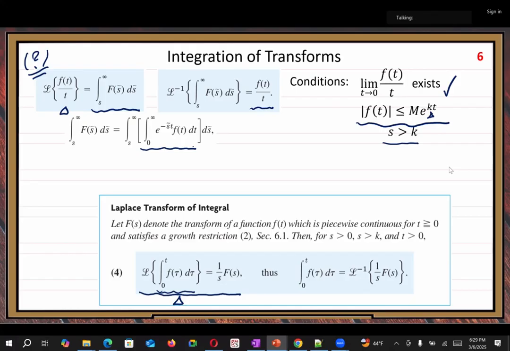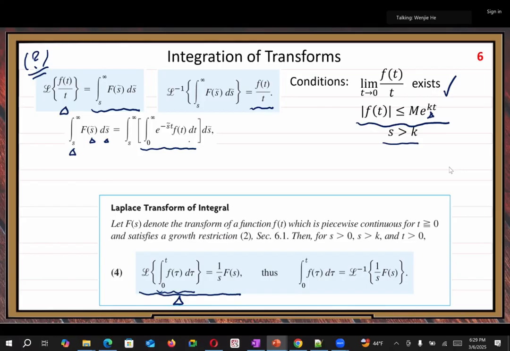Inside, the dummy variable cannot be S, because this S we treat as a constant. We fix that little s in this formula first, so the dummy variable needs a different notation. That's why we use S tilde.